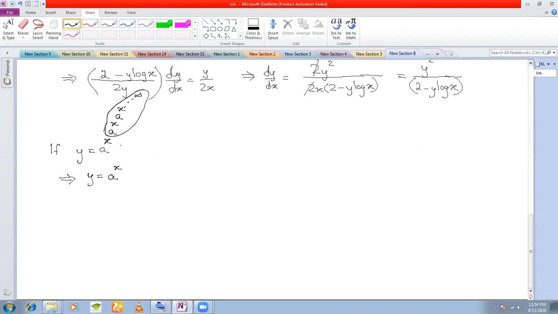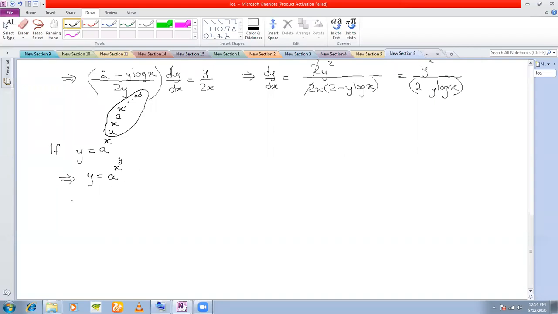Tell me. e to the power of x to the power of x to the power of x, they can be taken as y, isn't it? e to the power of x to the power of x whole to the power can be taken as y.